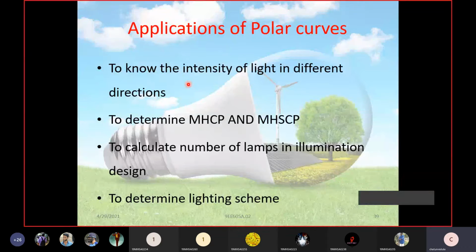Depending on the luminous intensity polar curves, we can calculate the number of lamps required to make the room attractive. When the lighting is attractive, people will automatically enter the shop and try to purchase something. That is why the lighting scheme should be ambient and pleasing. To determine those things, these polar curves will be helpful.